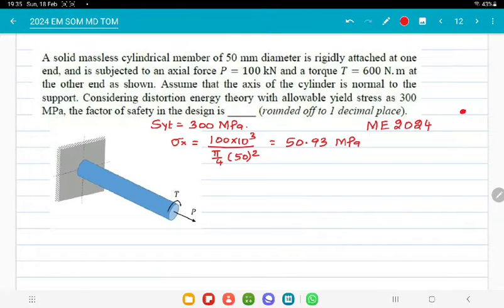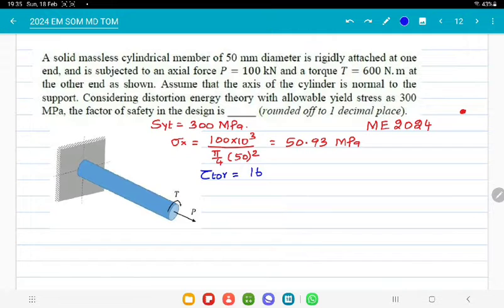Right. Then torsional shear stress, tau torsion is equal to tau xy, let us say tau xy equal to 16 T by pi d cube.